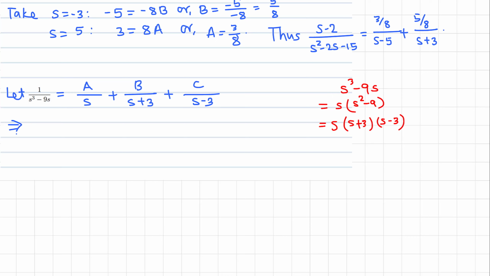Then this implies, like last time, 1 equals, since these are distinct, A times the other two, plus B times the other two factors, plus C times the other two.